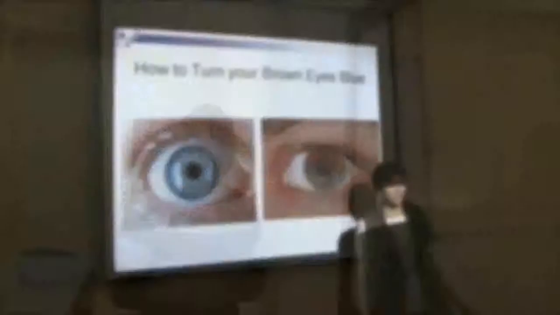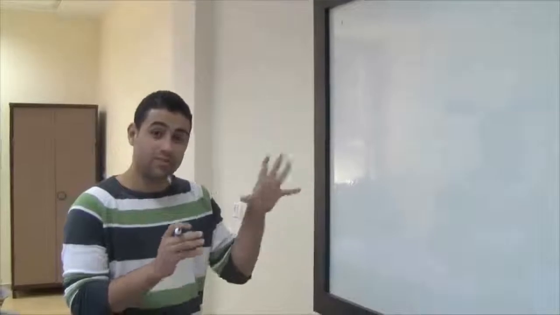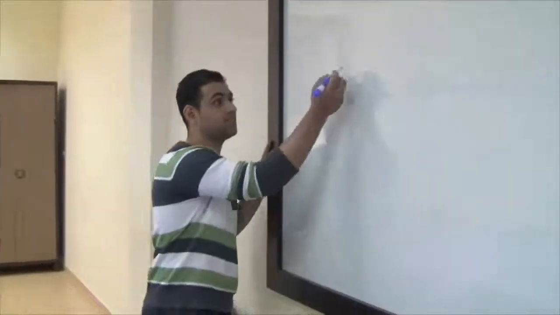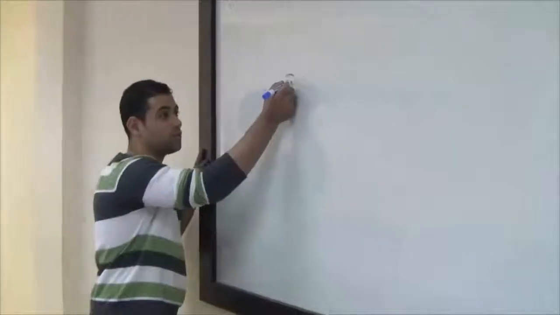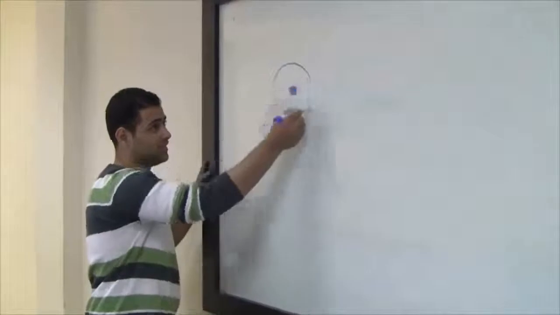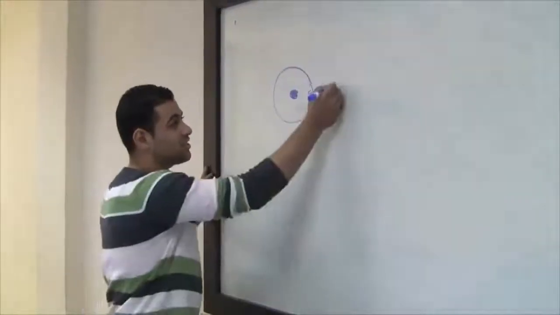Today I want to talk about the structure of the eye and where the pigment is in the eye. First of all, we have the pupils. Around the pupils, we have the iris. It's a muscular structure.